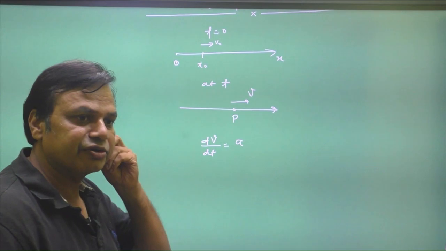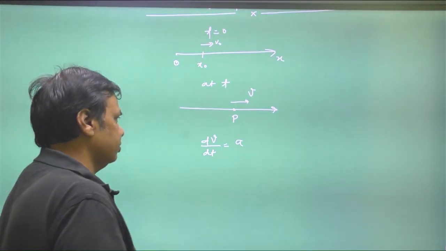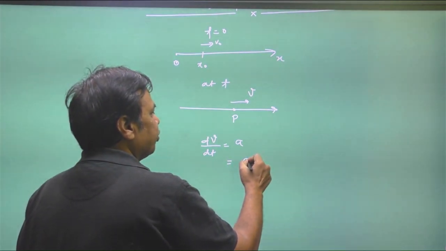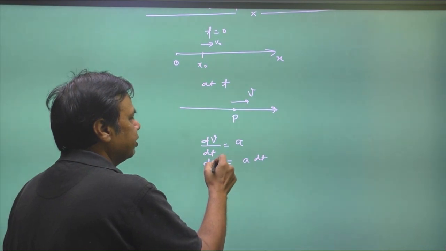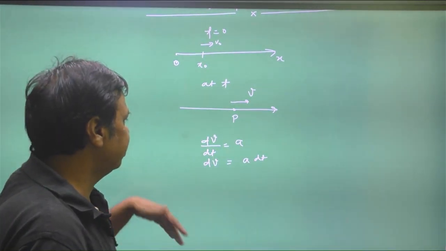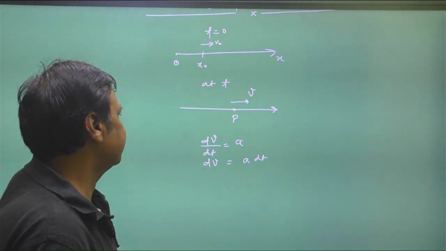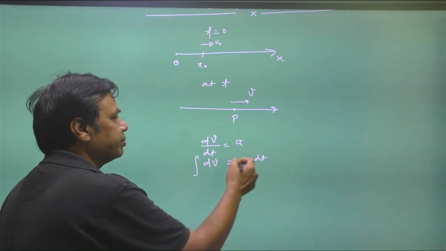Acceleration is constant, and the constant may go either side. So I am going to put this constant with dt and keep dv on the left of the equation. That is called separation of variables, and now you should integrate them.